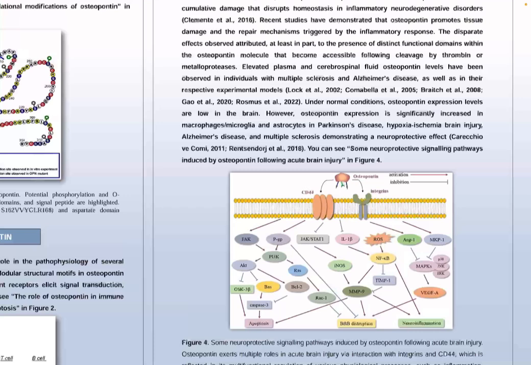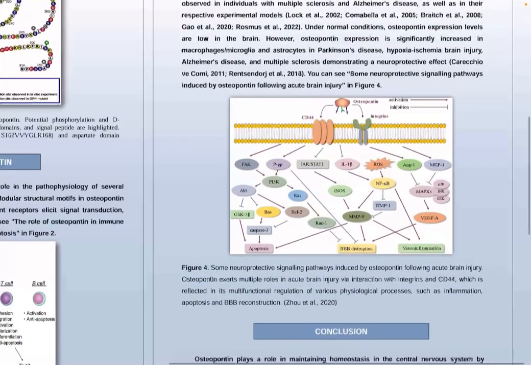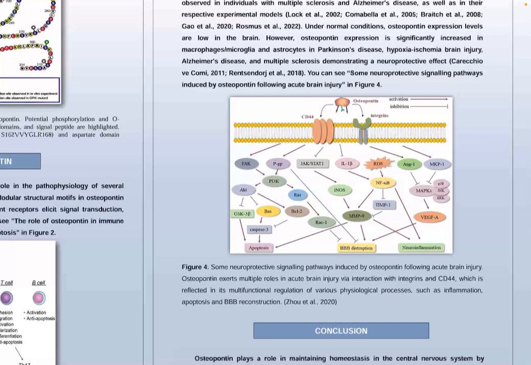by thrombin or metalloproteases. Elevated plasma and cerebrospinal fluid osteopontin levels have been observed in individuals with multiple sclerosis and Alzheimer's disease, as well as in their respective experimental models. Under normal conditions, osteopontin expression levels are low in the brain.